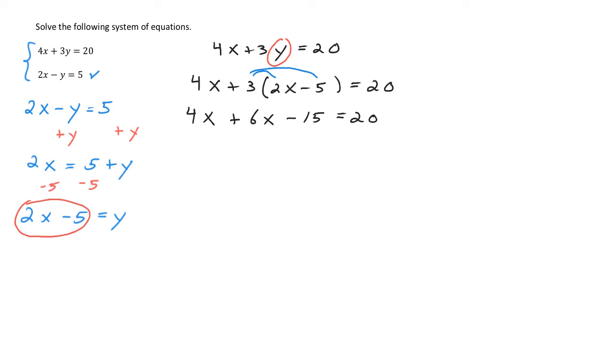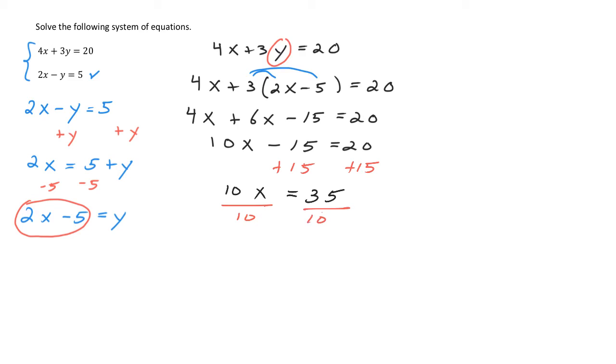Let's see, 4x and 6x is 10x, minus 15 is equal to 20. If I add 15 to both sides, I get 10x is equal to 35. Dividing both sides by 10 gives me x is equal to 3.5.